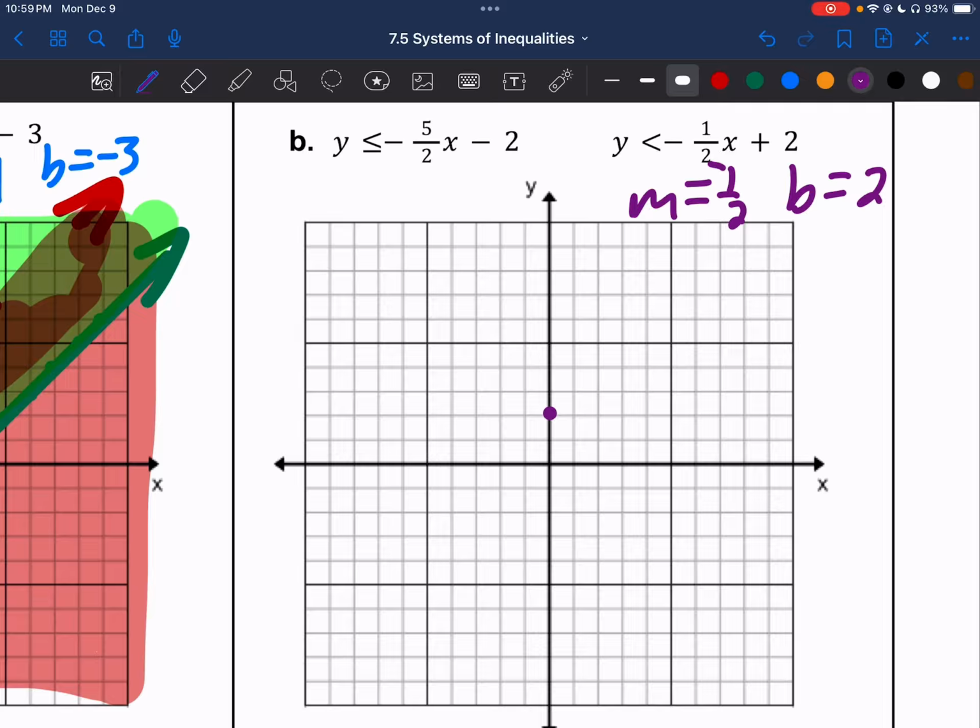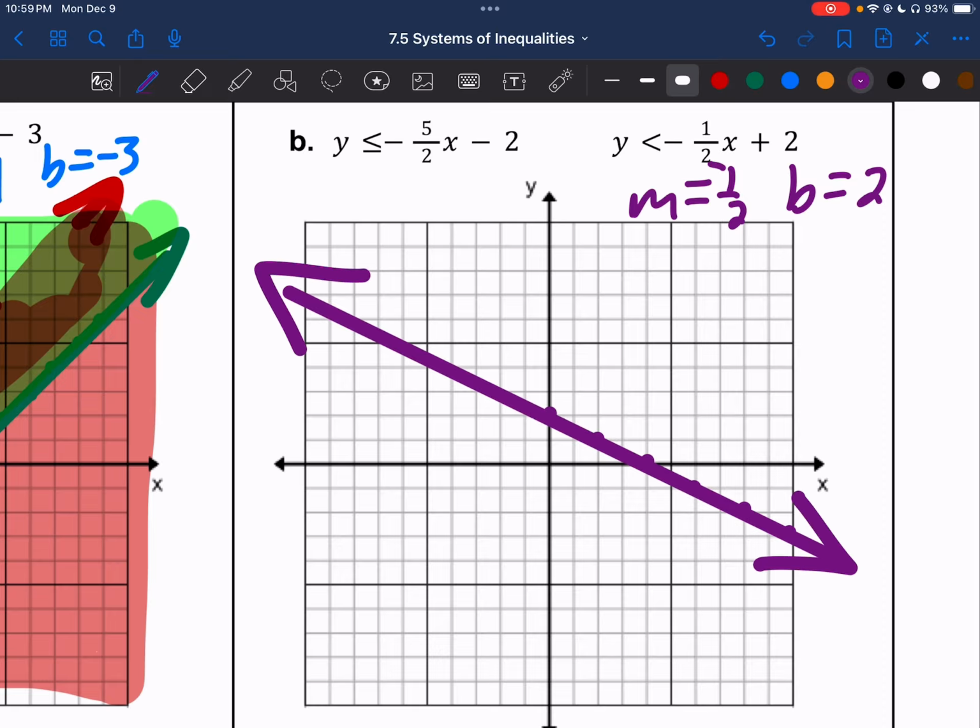So I'm going to go down 1 and to the right 2 with every step that I take. And when we go ahead and we graph that line, we get that. And it is dashed, so I'm going to erase little bits of it so that it looks like it's dashed. All right, now we need to shade this. It is less than, so I'm going to shade it below.